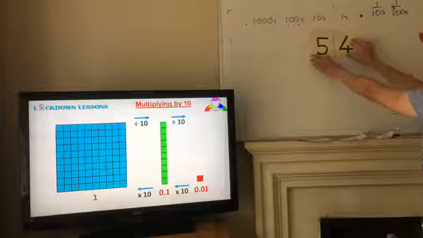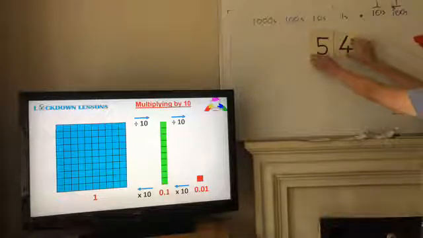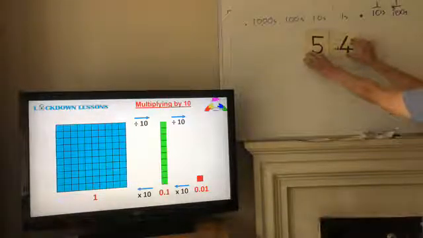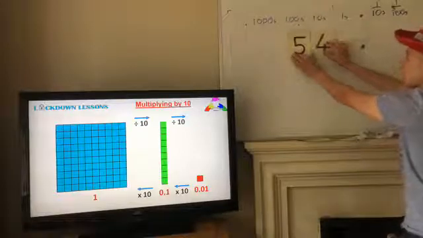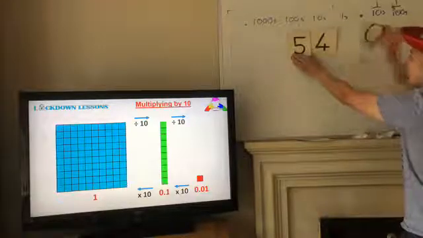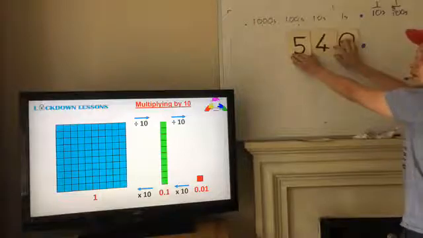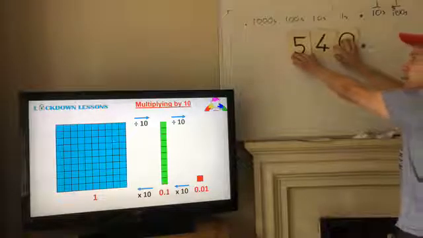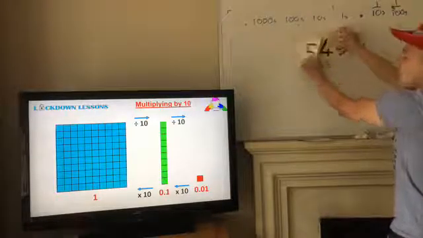So I'll end up with 54. If I times it by 10 again, the 5 goes to there, the 4 goes to there, and then I add a 0 just to show that there's nothing there. So 540. So we are moving to the left and to the right.